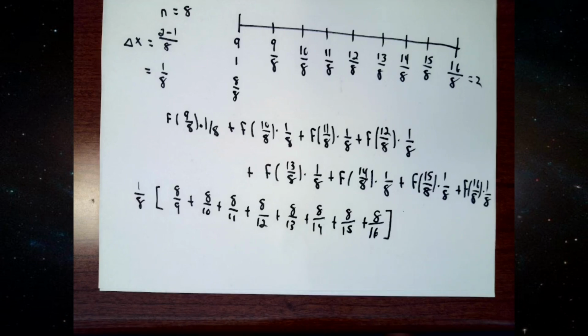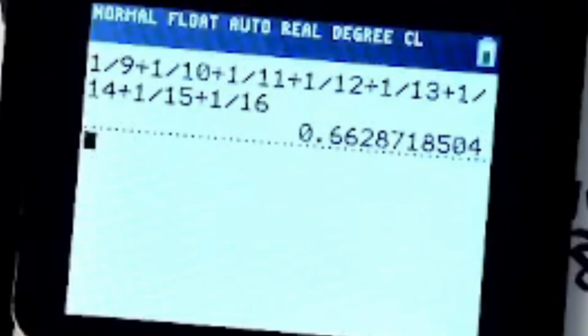Since we're integrating the reciprocal function, it's easy to write the function values down, and as before, for this particular function, I can factor an 8 out of each term inside the bracket and cancel the 1/8 out front. We find out that the n equal 8 approximation is 0.6628718504.